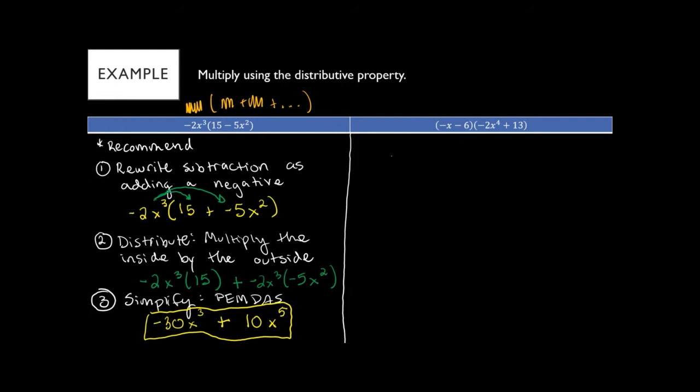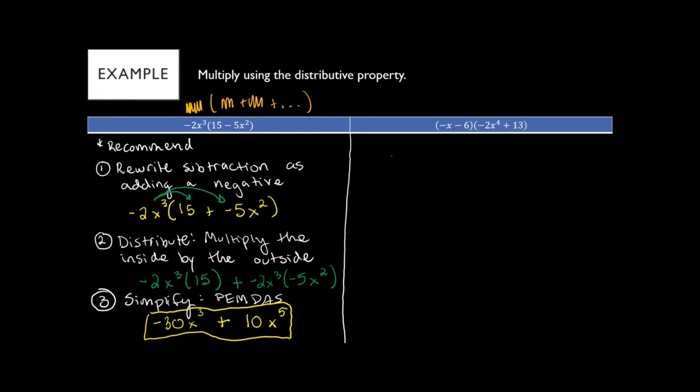So the example on the right, we're going to be following the same process here. The first step is to rewrite any subtractions as adding a negative. And anything like the negative x there, I'm going to just add a 1 there so that you actually have a number that you see.